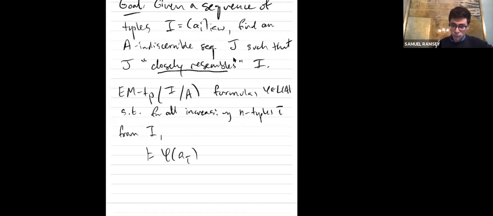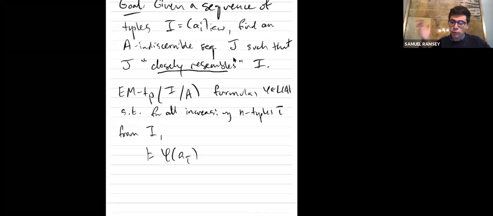So, of course, if you have a sequence which is not indiscernible, then maybe you have things which are true somewhere, but not true elsewhere. So the EM type just encodes the things that are true somehow, no matter where in the sequence you look.